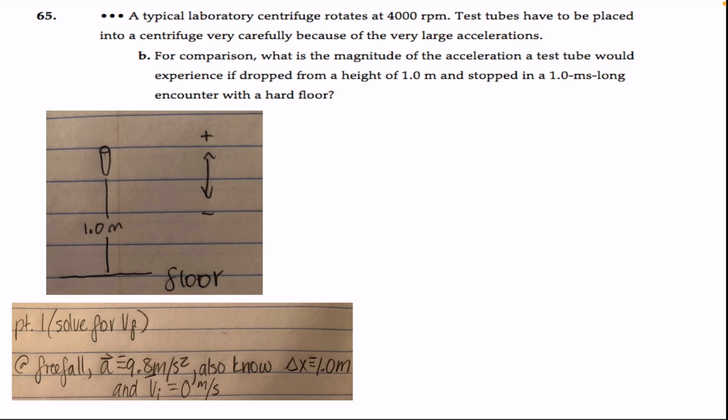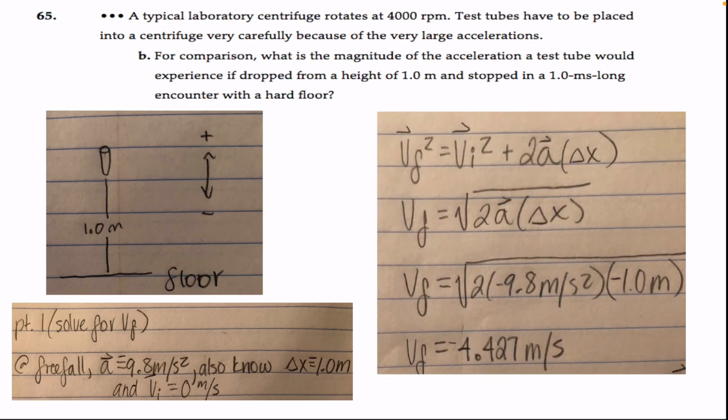So acceleration has to occur for the slowing down of that test tube to occur. The way that I solved this problem was first solving for the final velocity, as if this was a free fall situation, and then using that final velocity as the initial velocity in that 1.0 millisecond long encounter with the hard floor.